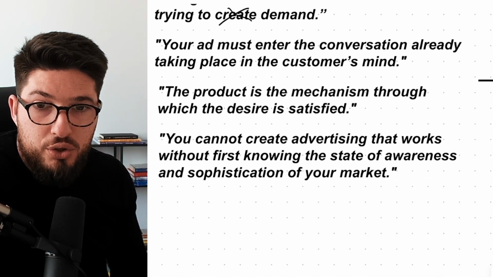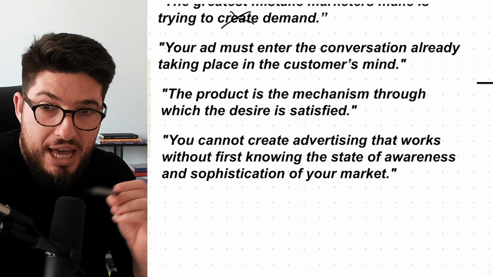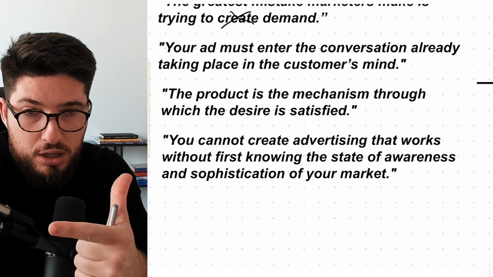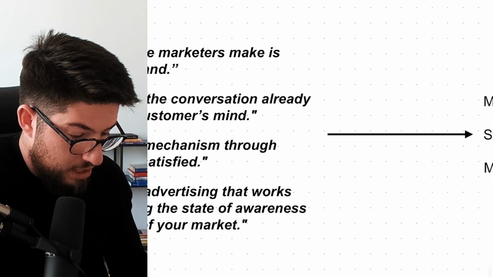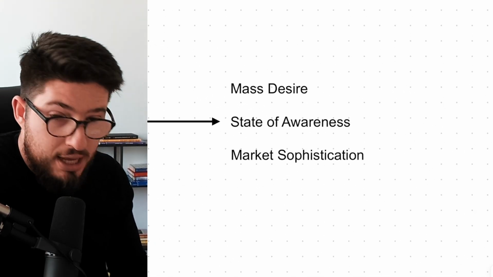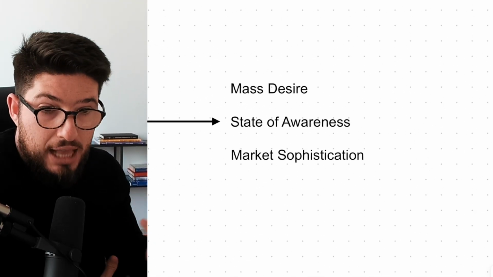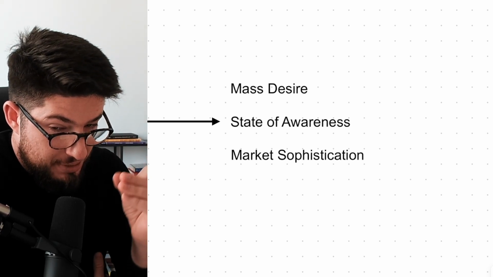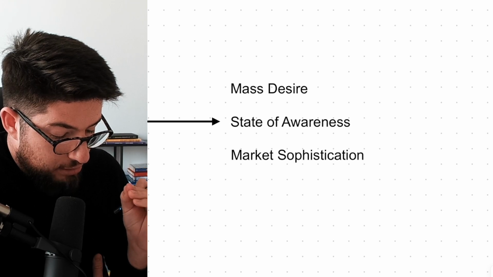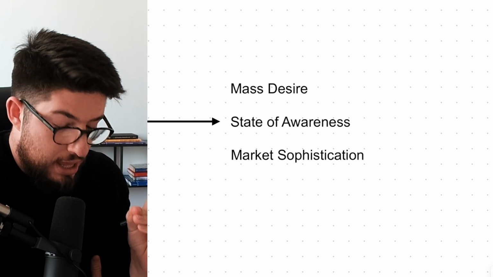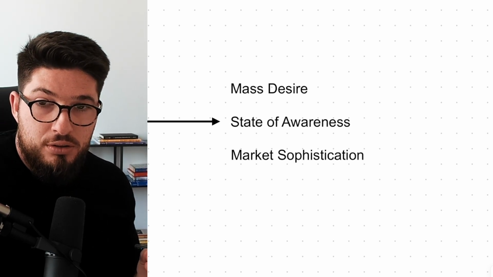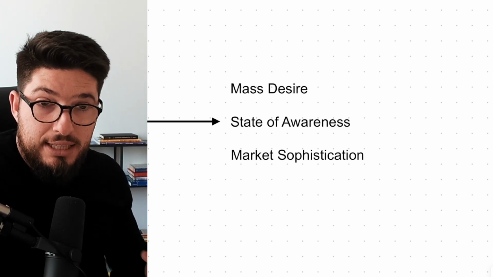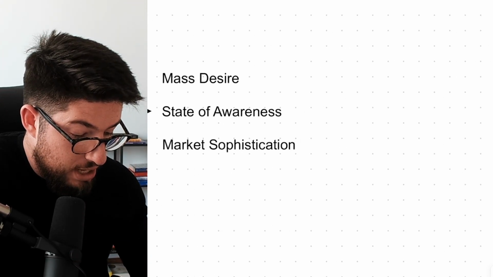And then you cannot create advertising that works without first knowing the state of awareness and the sophistication of your market. Okay, so from this, I can extract that it's gonna be very important for my ad creatives, the fact that I know the mass desire in my specific market, the state of awareness of the user, and the market sophistication. If I know these three things, then I'm gonna be able to create relevant ad creatives.